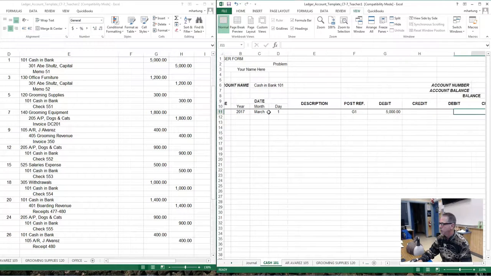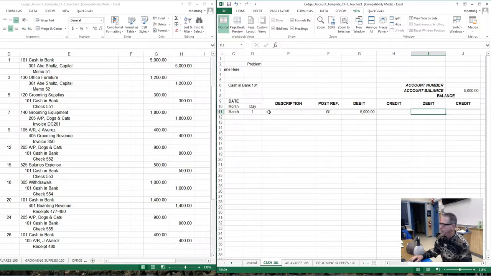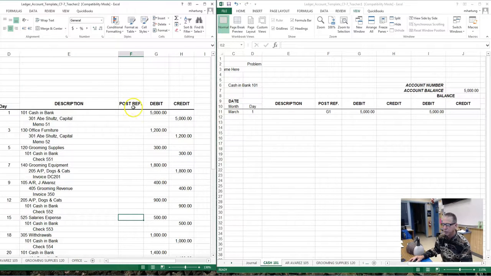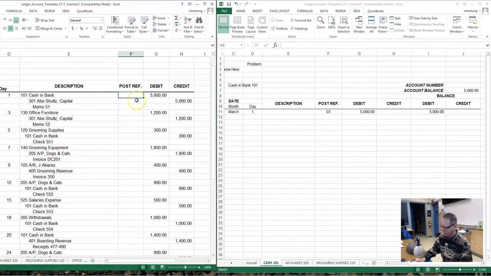And so we need to go over to our balance. And because there's no previous balance, we can simply type the equal sign and click on the debit entry. So now we have $5,000 in the business because that was an investment. Next up, and then come back with the account number 101 to show that it's been posted. There's that post reference, and place the number 101 right there to show we posted that.